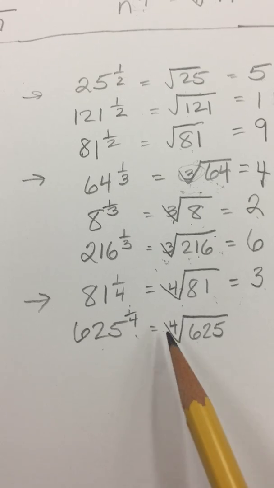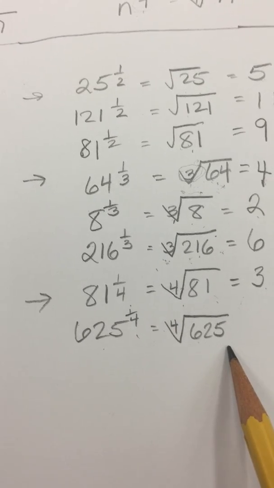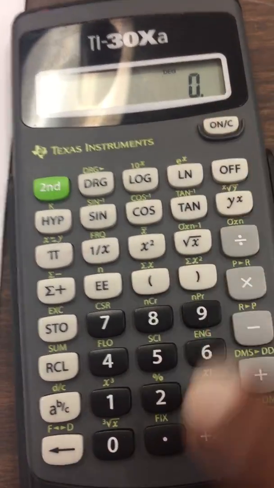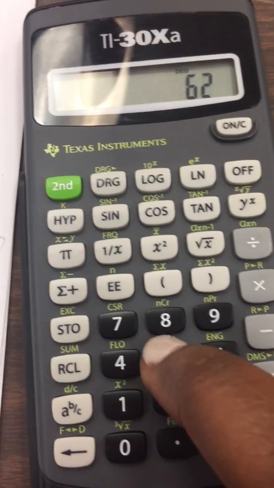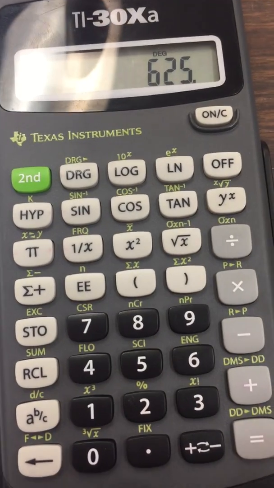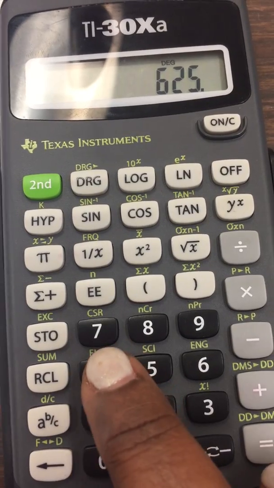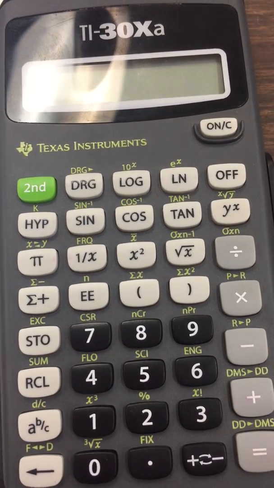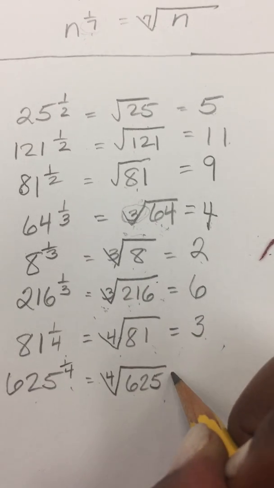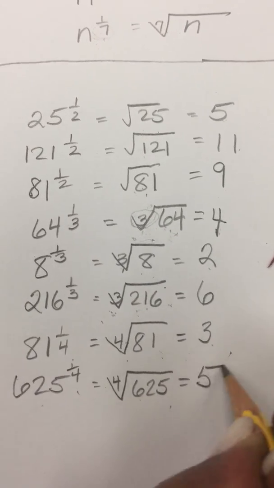This is the fourth root of 625. And in my calculator, I'm going to hit my clear button. I'm going to hit 625, second, that little key. And then since I want the fourth root, I'm going to hit the 4 and an equal sign, and I find that it is 5. Is equal to 5, okay?